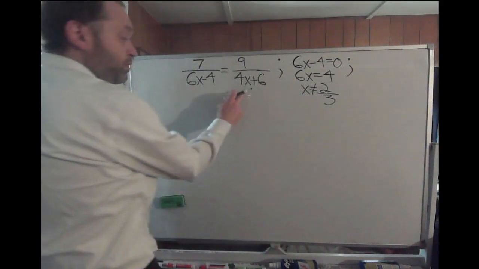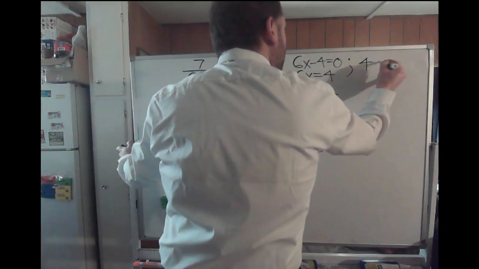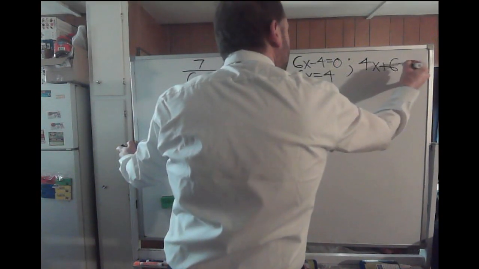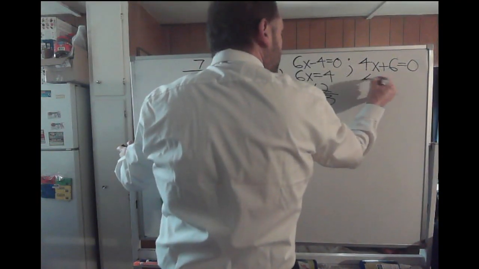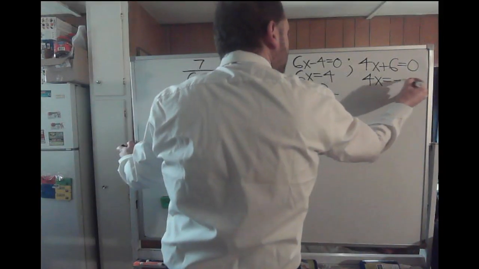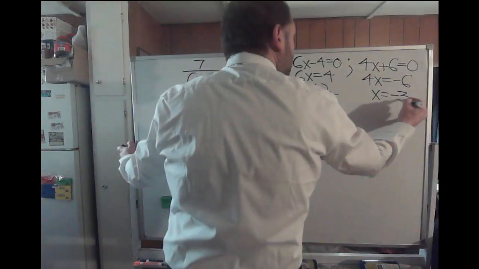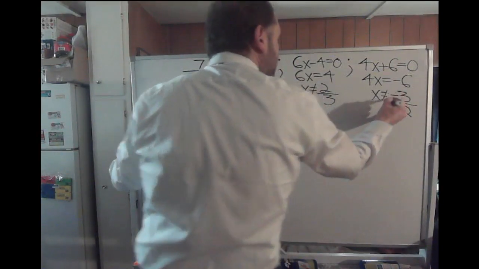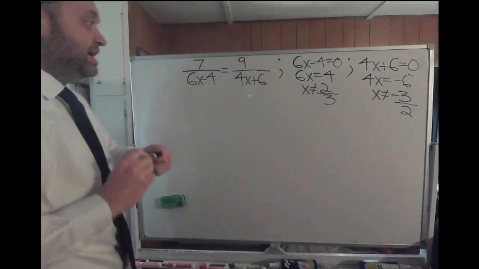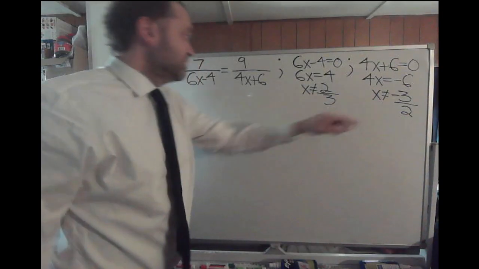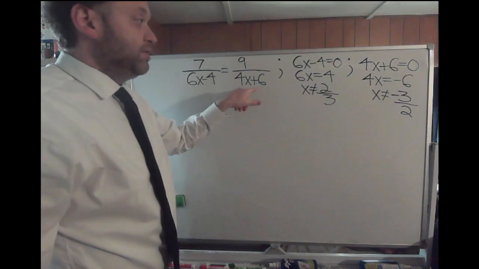Then let's take the 4x + 6, set that equal to 0. If you do that, you'll get 4x = -6, which would simplify down into x = -3/2, which means x cannot equal -3/2, because if x equals -3/2, this denominator equals 0.